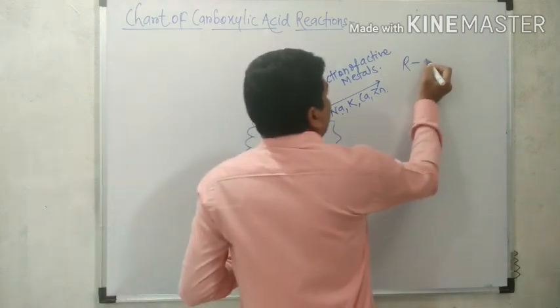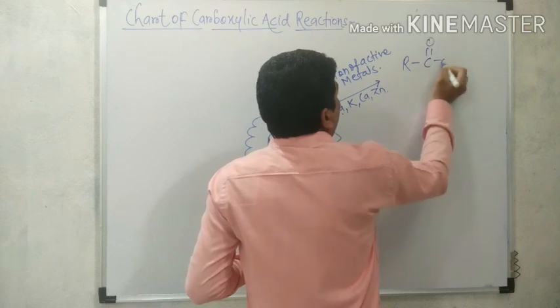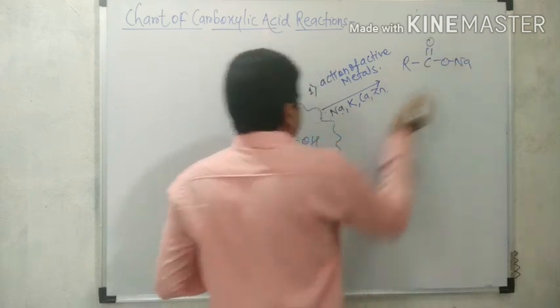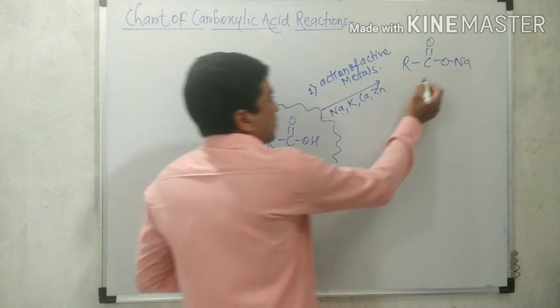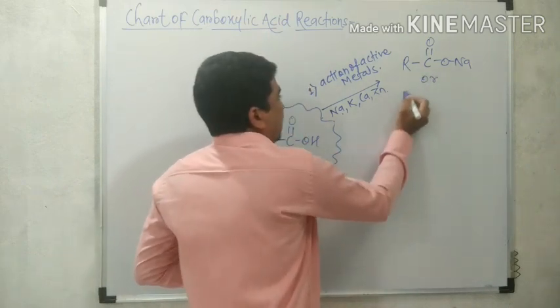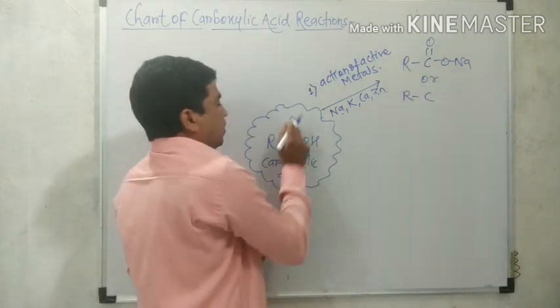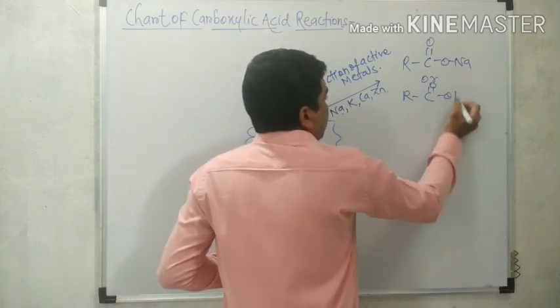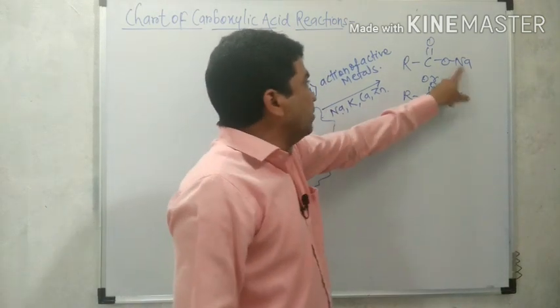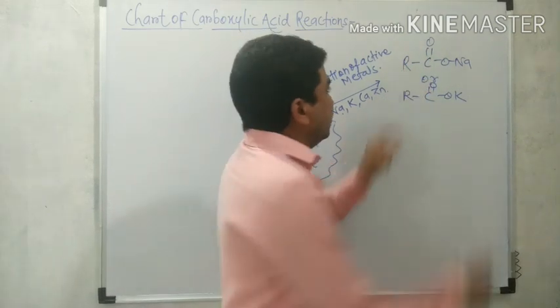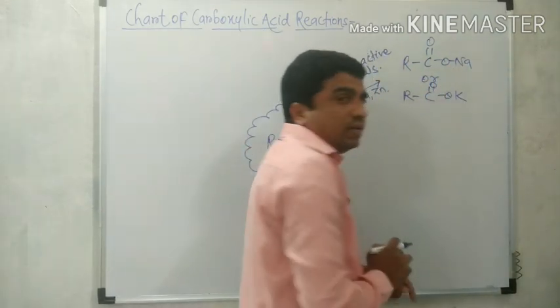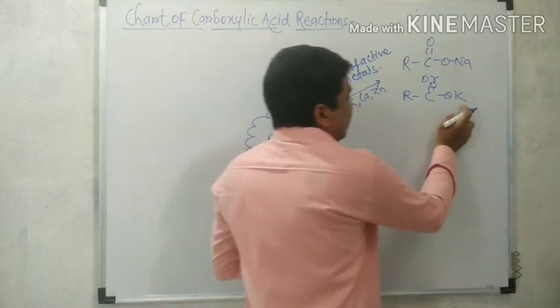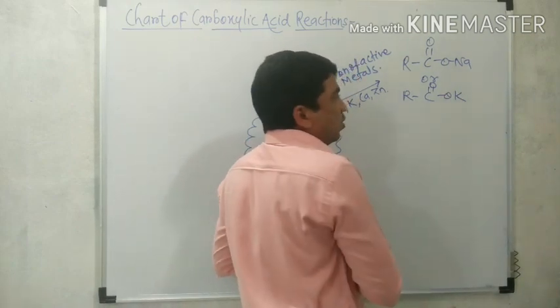So we obtain RCOONa. If we take potassium, we obtain RCOOK. That is the sodium salt of carboxylic acid, and this is the potassium salt of carboxylic acid.